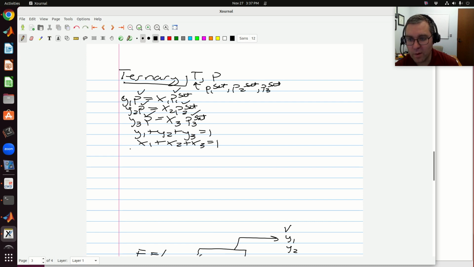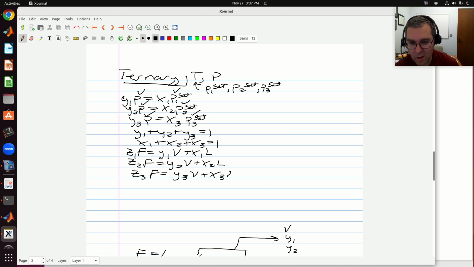What I'm going to have is Z1 times F is equal to Y1 times V plus X1 times L. Z2 times F is equal to Y2 times V plus X2 times L, and Z3 times F is equal to Y3 V plus X3 L. Okay, so now I've got my phase equilibrium expressions with my constraints that my mole fractions have to sum to 1, and now I have my 3 component mass balances.